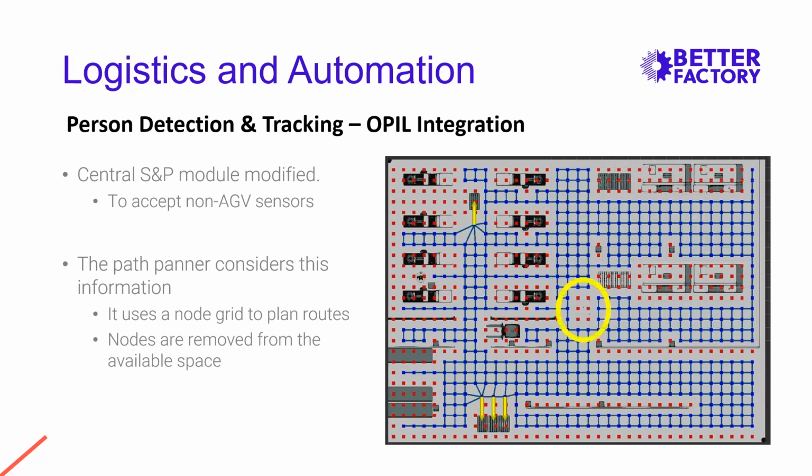You can see here that if we detect a person in this place, nodes will be removed from the available navigation space in real time. This is the aim of monitoring the space with the tracking of persons: to monitor the current state to get the optimal path depending on the distribution or occupancy of the shared space between AGVs and humans.